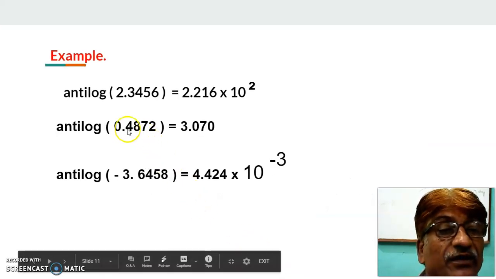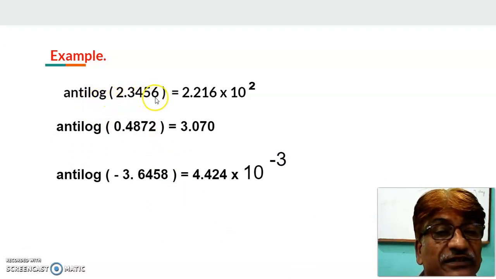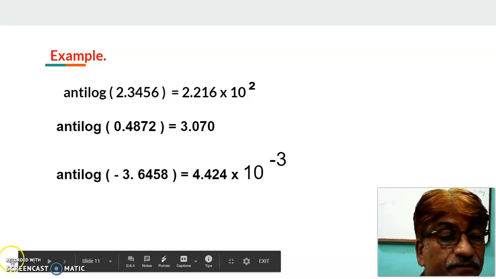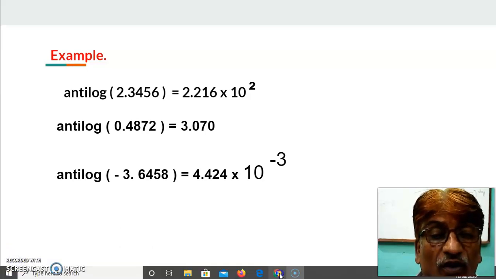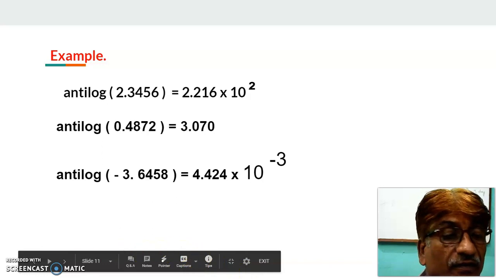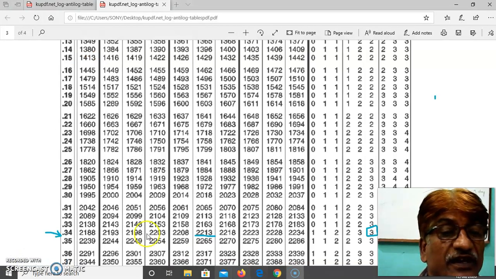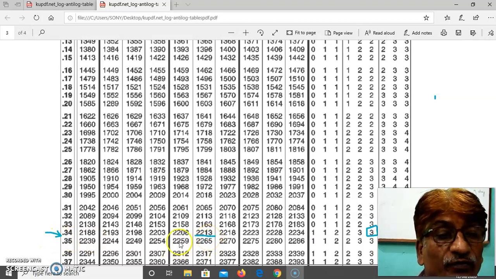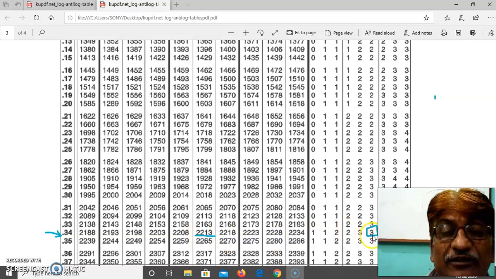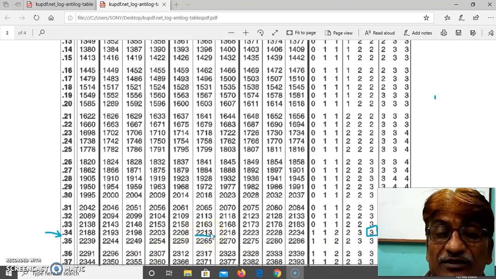Okay. So our numerical is antilog of 0.3456. So first 0.34. See here, 0.34 in 5: 0, 1, 2, 3, 4, 5, and here in 6, 3 is there, 3 and 13 it will be 16.